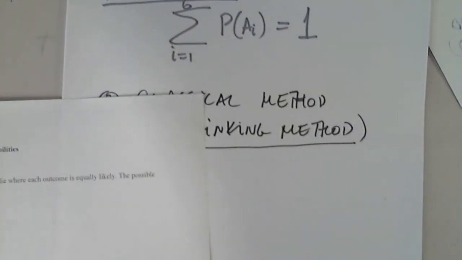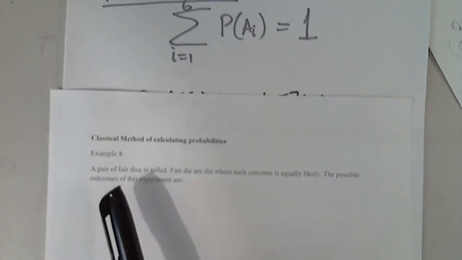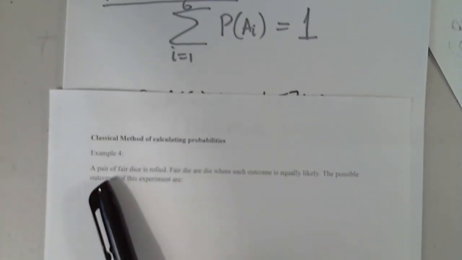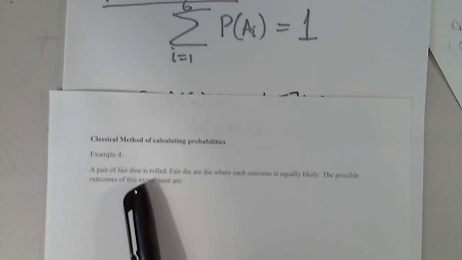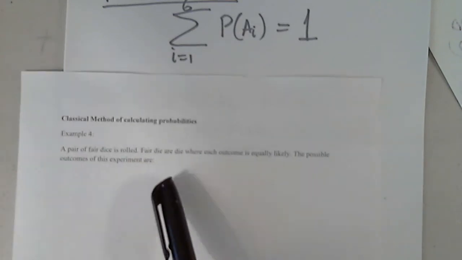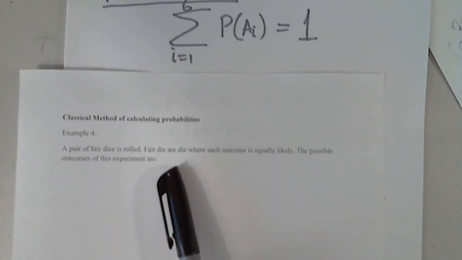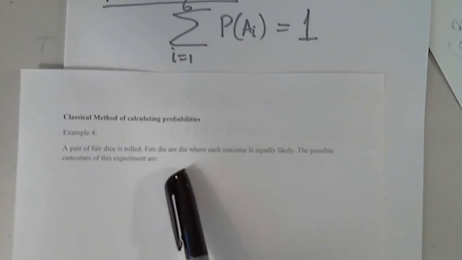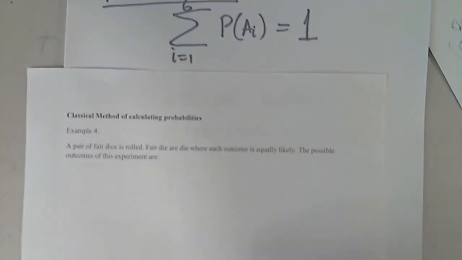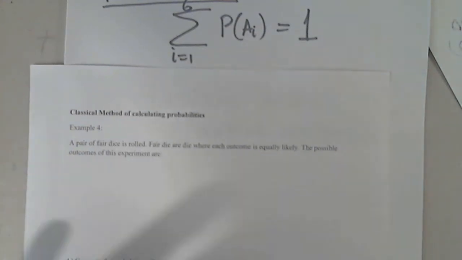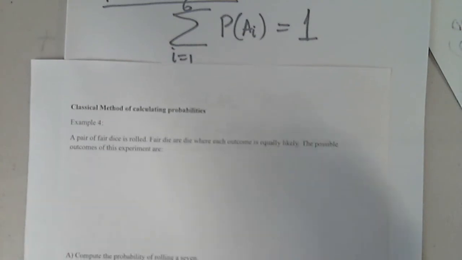So we have a fair pair again, but this time we have a pair of dice. A fair die, we already discussed that. When we roll them, they're not weighted.